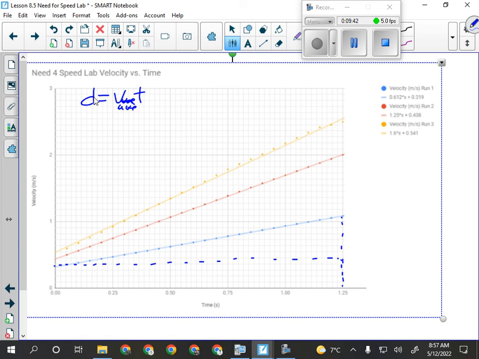That would be this rectangle here on the bottom. And then how far did they travel while they were accelerating? That would be the triangle above it. Okay? But in both cases, I'm going to use average velocity times time. I'm just going to get that average velocity differently. Okay, so this is how this needed to look on your lab.